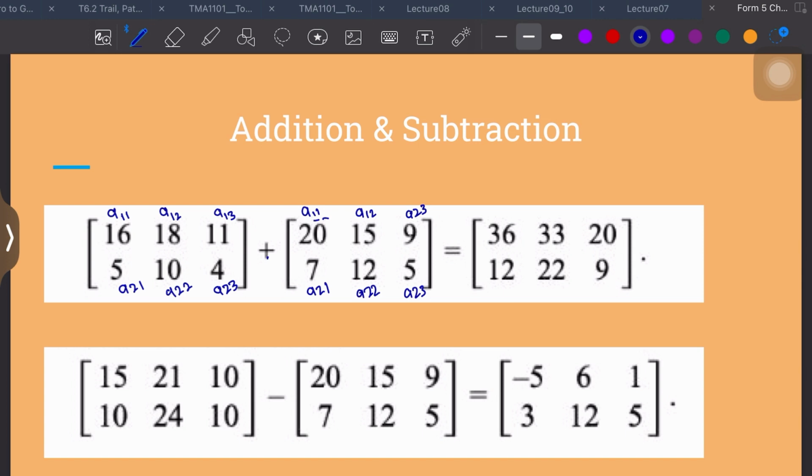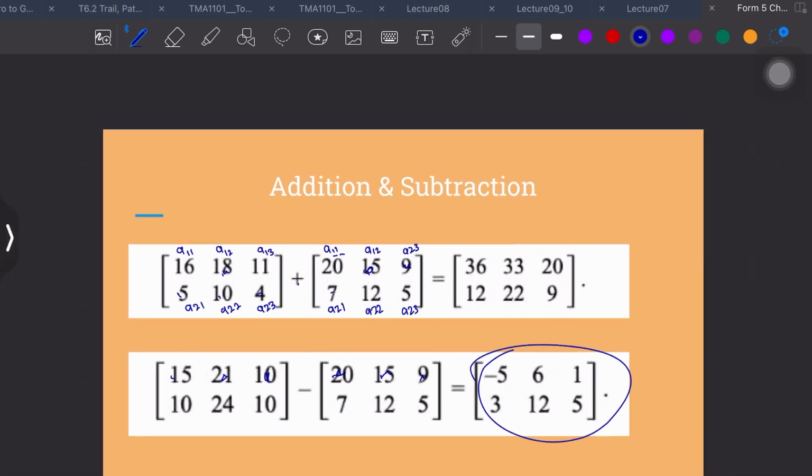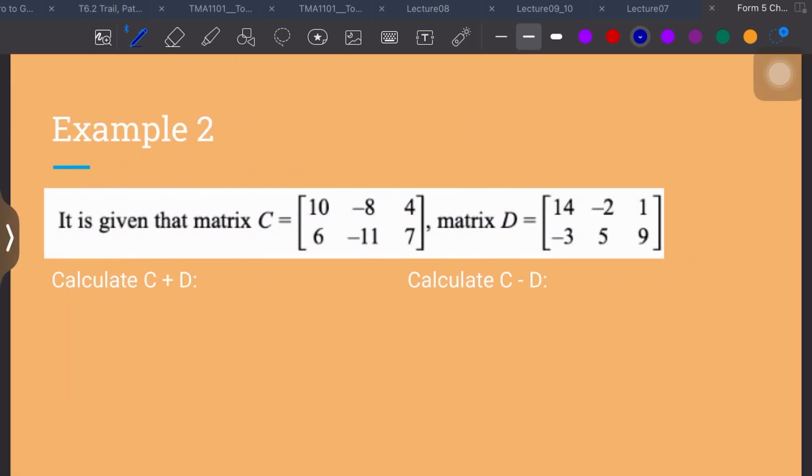So 16 plus 20, 18 plus 15, 11 plus 9, 5 plus 7, 10 plus 12, 4 plus 5. Same goes to subtraction: 15 minus 20, 21 minus 15, 10 minus 9, and then we get the answer. Same goes to here. Alright, let's do an example to make you understand.